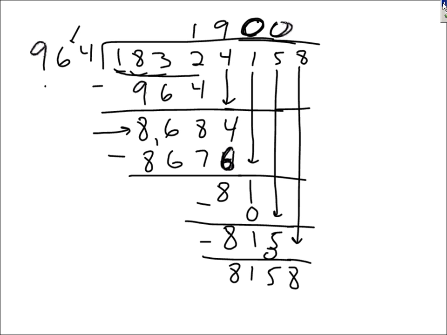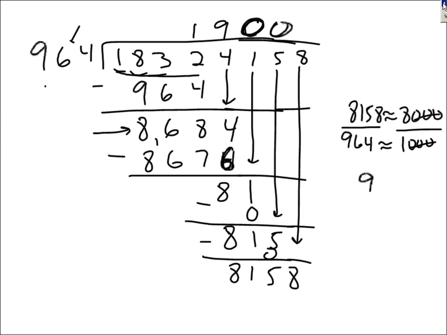Okay, how many times might it go in? Well, 8158 is approximately 8,000. And 964 is approximately 1,000. So dividing those two numbers is approximately the same as dividing these numbers. 3 zeros get canceled from top to bottom. 8 divided by 1 is 8.